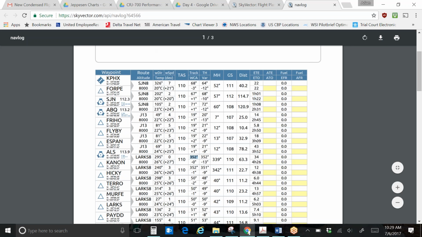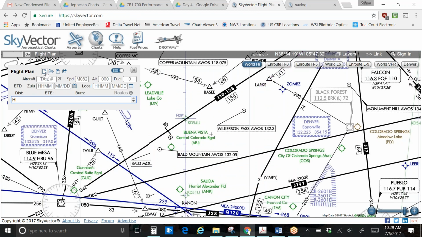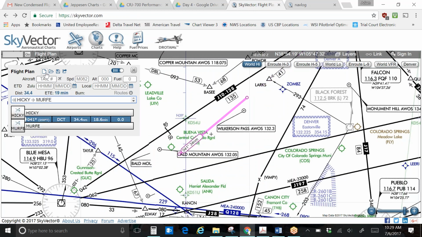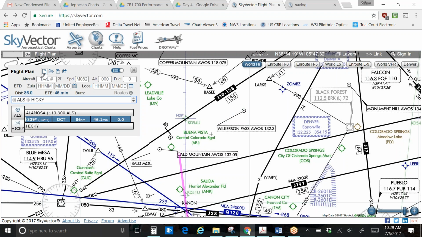Actually, I'm going to go Hickey to Murphy and just see where that is. It's only 34 miles, so we only go on that heading for 34 miles. And the other heading that we're doing is basically Alamosa to Hickey, which is 46.1.